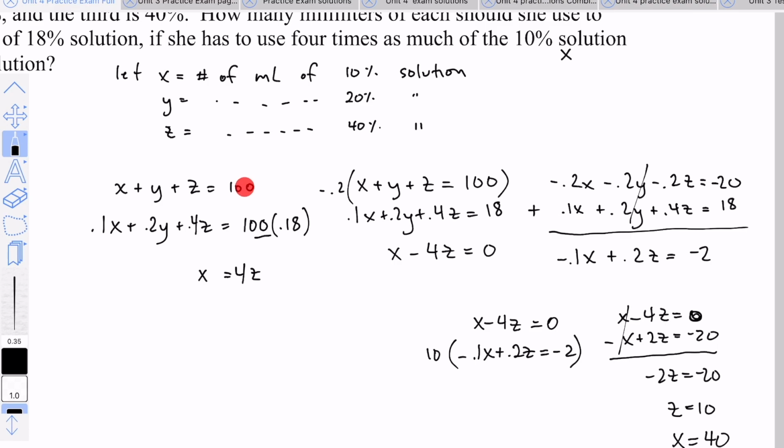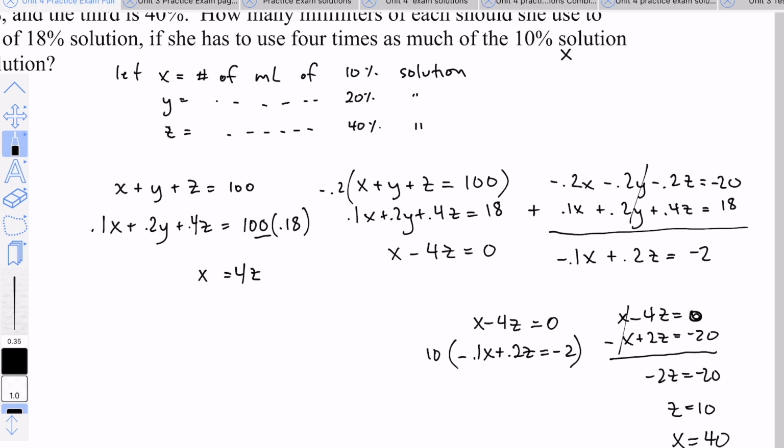There's only 100 milliliters that are going to be used in this mixture. So if there's 10 milliliters of the 40%, 40 milliliters of the 10%, that's 50 milliliters. So there's only 50 milliliters left over for the y. So y is equal to 50.